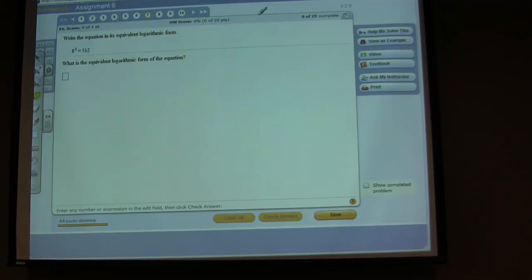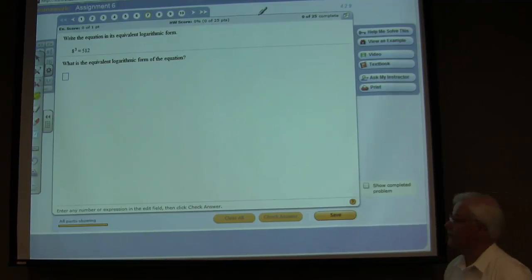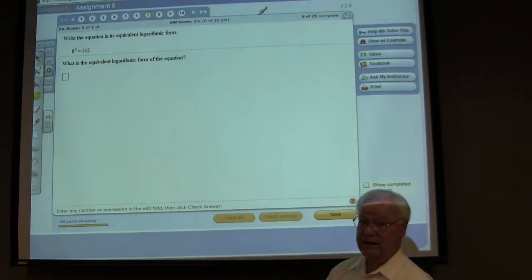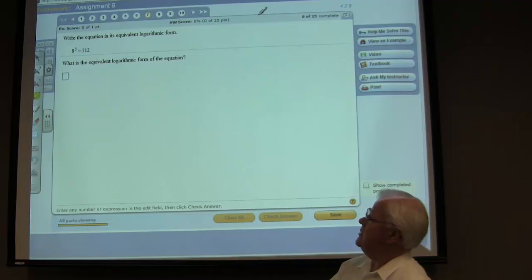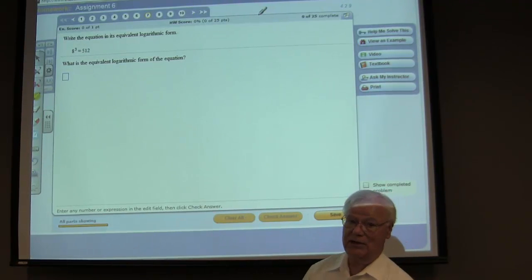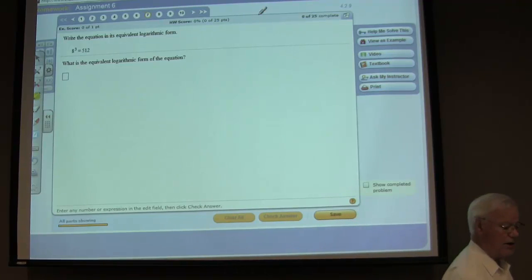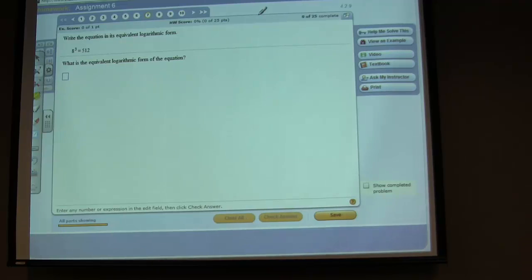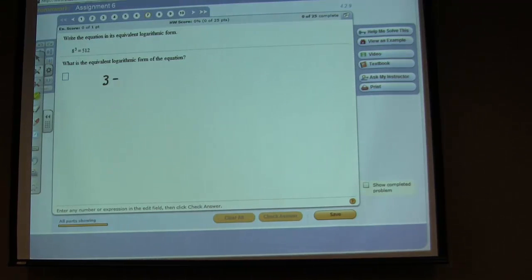So what if we wrote this in logarithmic form? Well, remember I said that the logarithm is an exponent, and the exponent up there I see is 3. So I know that's the thing that's going to equal the log, because the log is the exponent. So right away I get rid of one of those things and put 3 over here, and now this is going to be the log.